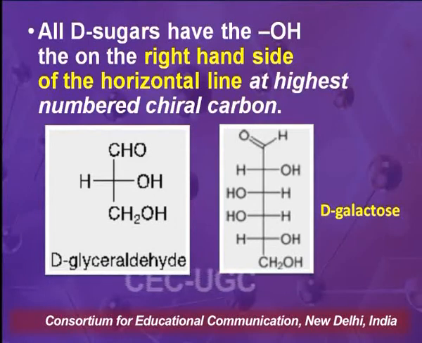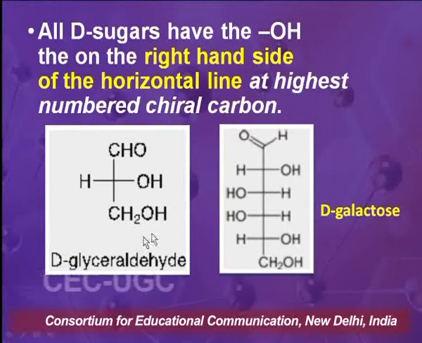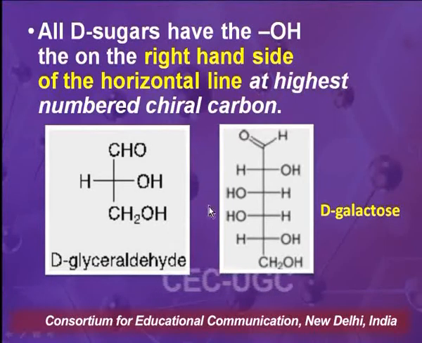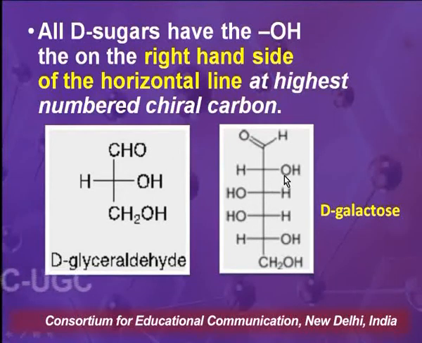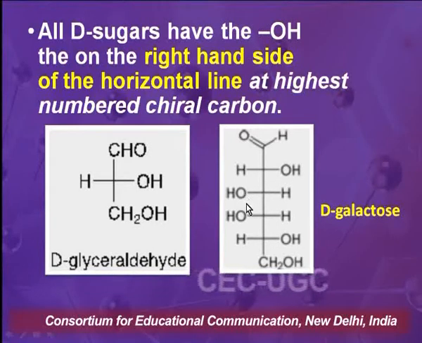I told you in the beginning, why do we compare this molecule with this? And then you will ask me, if I am looking at the structure of D-galactose, why can't we take this OH, or any of these OHs, 1, 2 and 3?